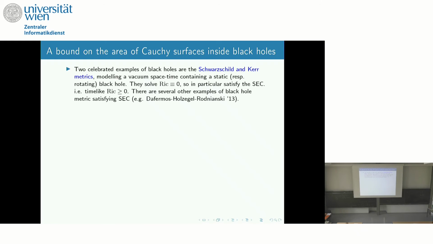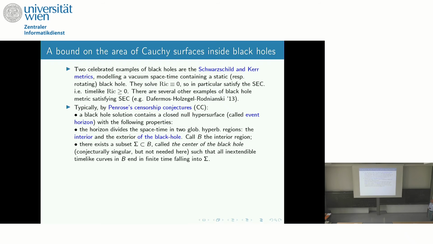They both solve the vacuum Einstein equation, Ricci equal to 0. So in particular, they have timelike Ricci which is non-negative. And one can build also several other examples of black holes satisfying the strong energy condition. For instance, there's a paper of Dafermos, Holzegel, and Rodnianski with construction of several black hole metrics.